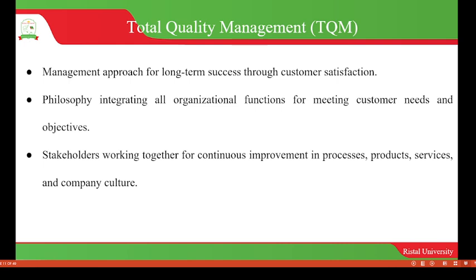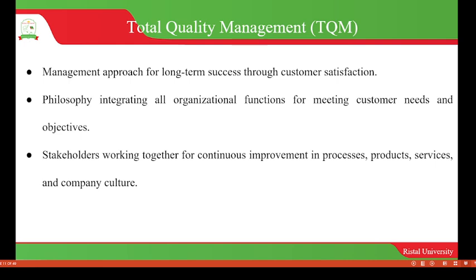And total quality management has a philosophy which integrates all organizational functions for meeting customers' needs and objectives. And it is also made up of stakeholders who work together to ensure a continuous improvement in processes, products, services, and then the company culture.